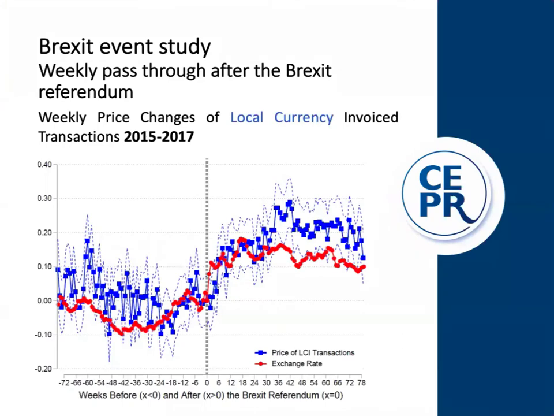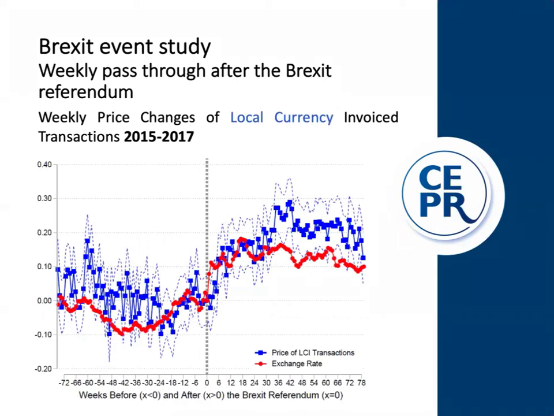Another way to say this is, if I'm in Canada importing something and it was denominated in Canadian dollars, essentially there was no change in my Canadian dollar price, but there was a 10% change in that good when measured in Great Britain's pound sterling. So very different exchange rate pass-through.